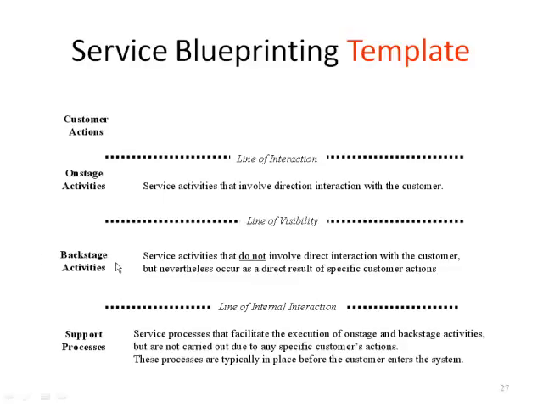Then there's backstage activities. These are service activities that do not involve direct interaction with the customer, but nevertheless occur as a direct result of specific customer actions. Think about the Omni Health Plans example. The customer, in this case the healthcare provider, submits a claim.